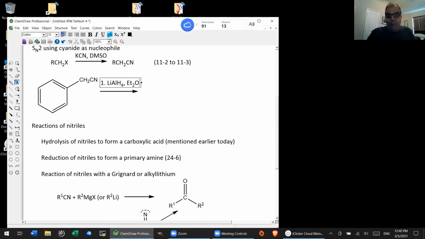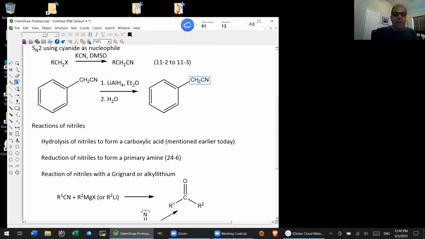And diethyl ether boils at somewhere between 35 and 40 Celsius, I think. So it's very easy to get rid of. And then you're going to want either dilute aqueous acid workup step or water. I might actually favor just using plain water here. See if you can figure out why.